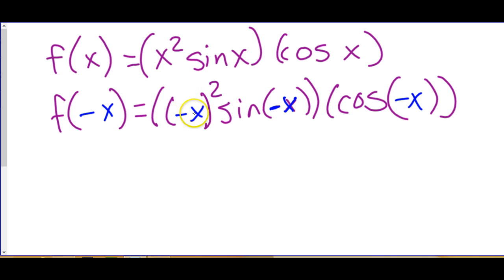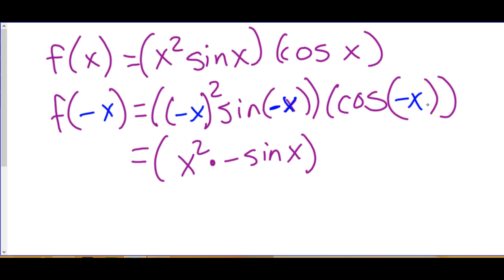So negative x squared. In our first examples where we were just looking at quadratics and cubics, we know that came out to be positive. So negative x squared comes out as just x squared. Sine of negative x, we refer to our formula. That comes out as negative sine of positive x.